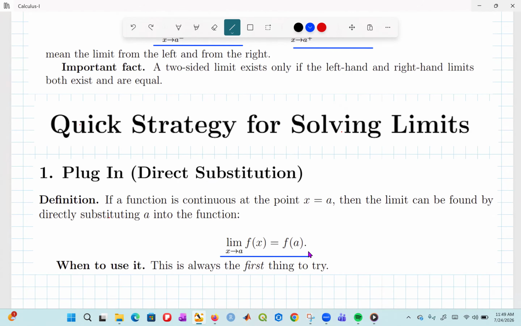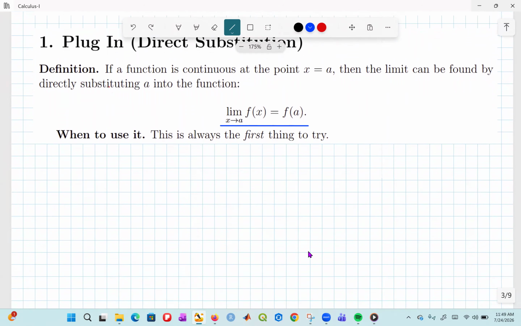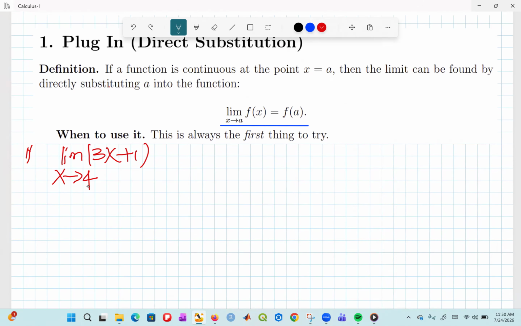Let's see some examples of how we use direct substitution. Example 1: let's find the limit of 3x plus 1 as x approaches 4. Our f of x is 3x plus 1, and the value of a here is 4.